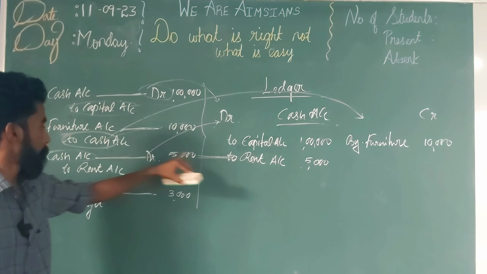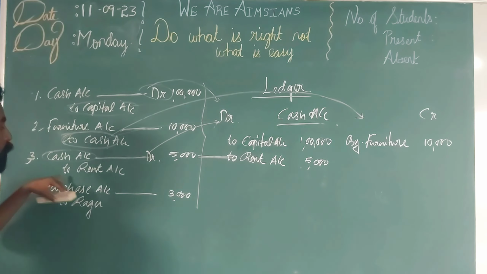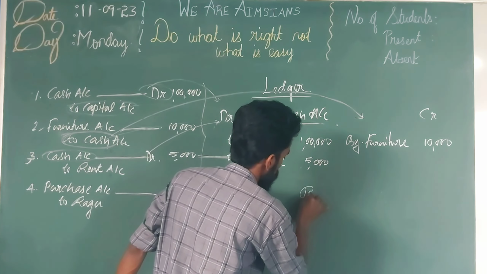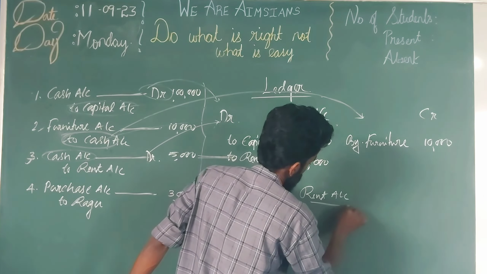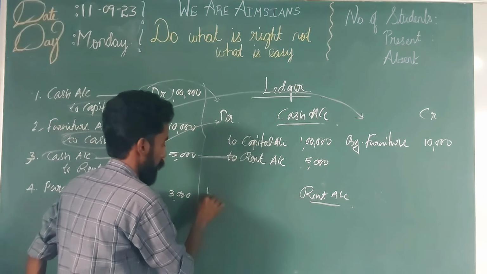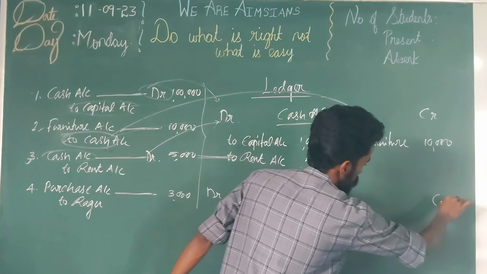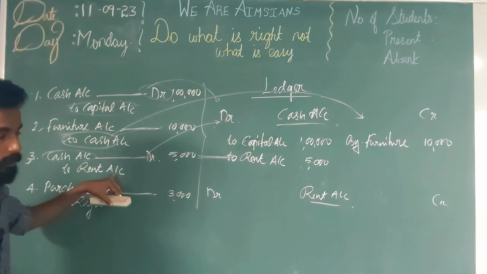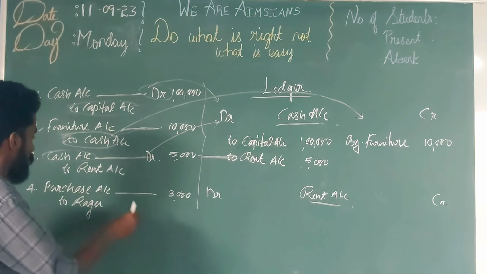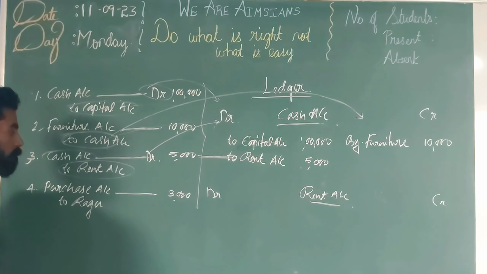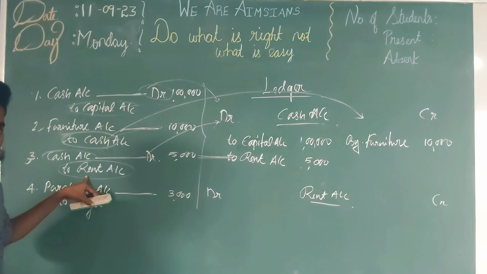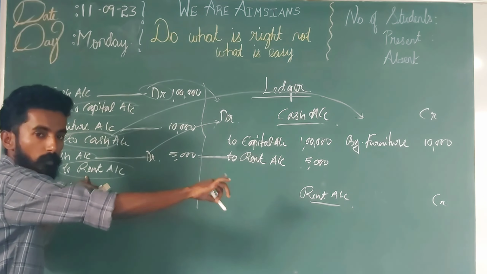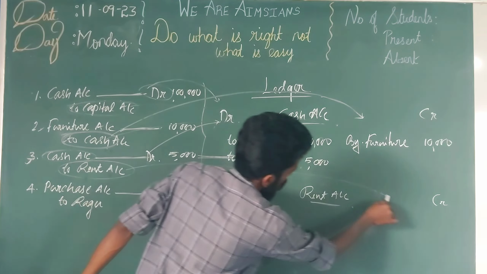And what is the other account this entry is going to affect? That is the rent account. How can you post this entry into the rent account? I am preparing both the debit side and credit side of the rent account. Have we debited or credited this rent account? We have credited the rent account, so we need to go to the credit side.